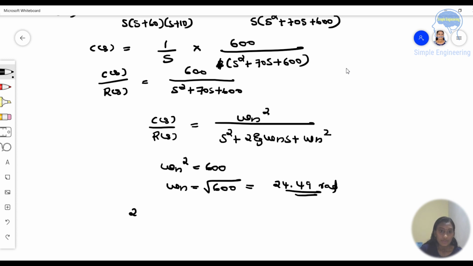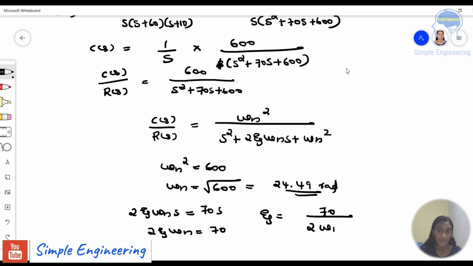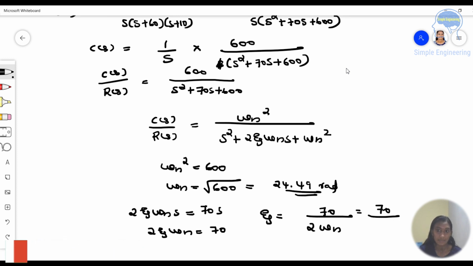Then 2 zeta omega n into s is equal to 70s. So 2 zeta omega n is equal to 70, and omega n is 24.49 radians. So zeta will be equal to 70 by 2 into 24.49. So zeta will be equal to 1.43.